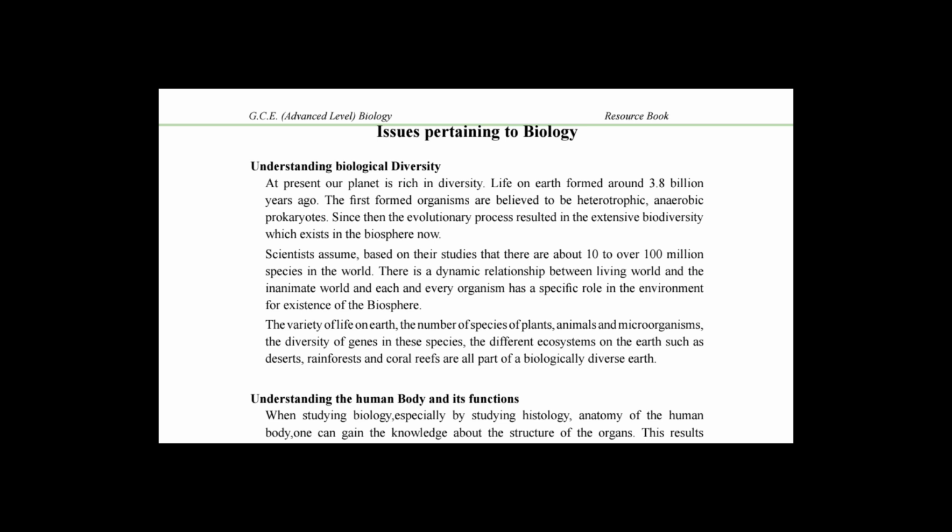What are heterotrophs? According to the type of nutrition, organisms are divided into two: heterotrophs and autotrophs. Autotrophs can produce their own food. Heterotrophs can't produce their own food. Therefore, these organisms use organic compounds as sources of carbon and energy.